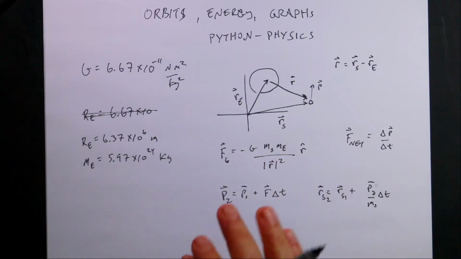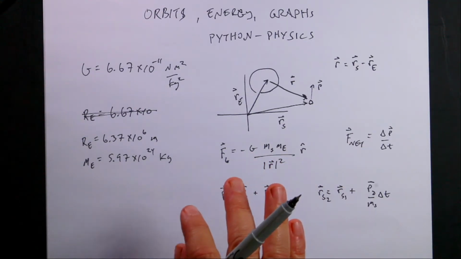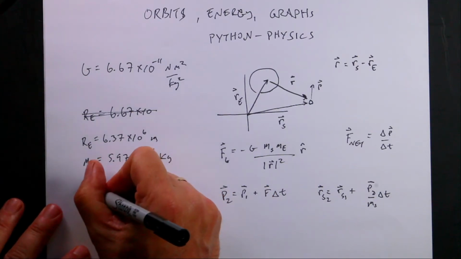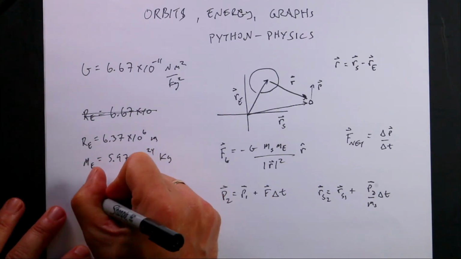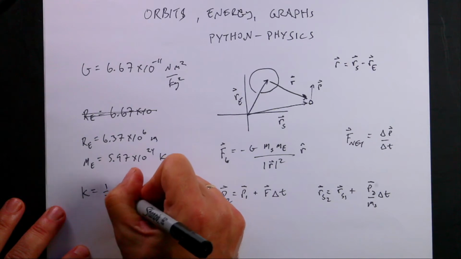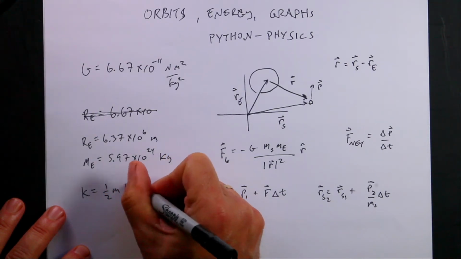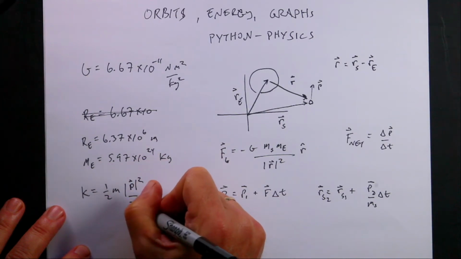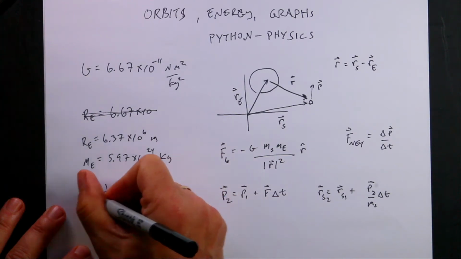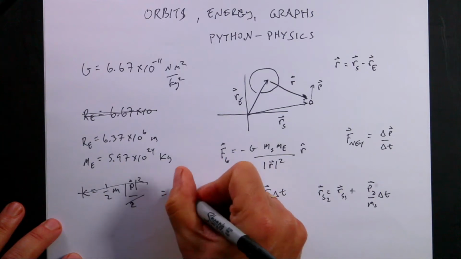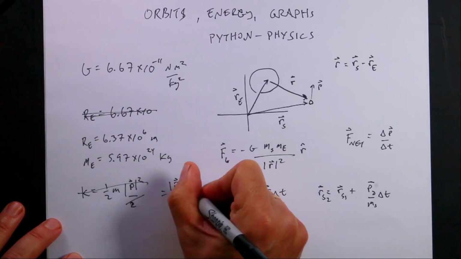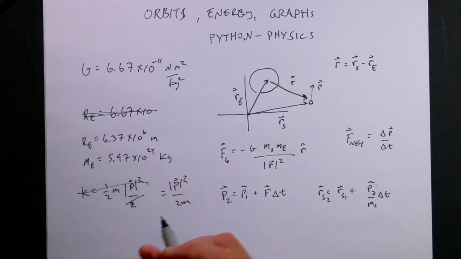Okay, now when we make a plot, I really want to plot the total energy. I'm going to make multiple plots. So I'm going to have the kinetic energy, which is 1/2 m v squared. It would actually be this, p squared, the magnitude of p squared over 2m. And I'm doing it that way because I'm calculating the momentum, updating the momentum. I don't have to calculate the velocity that way.